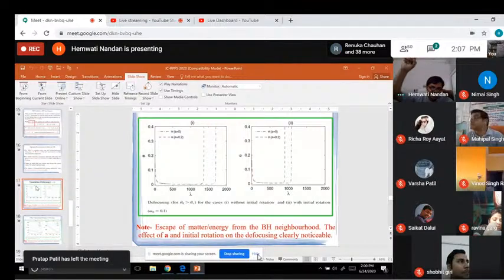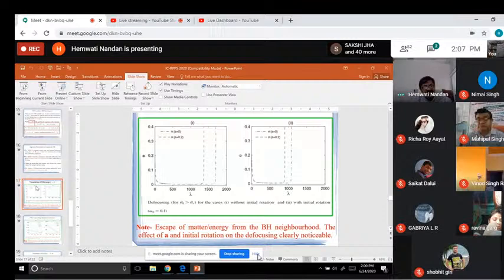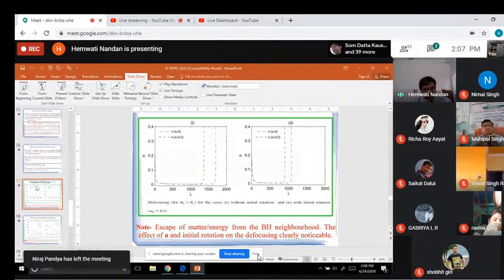You can see in these figures, and we have checked the role of initial rotation. In one case we have taken no initial rotation, in the other case we have taken some initial rotation. You can just notice omega 0 is equal to 0.1. So the escape of matter and energy from the black hole neighborhood, you can understand in that way what I mean by the defocusing, right?